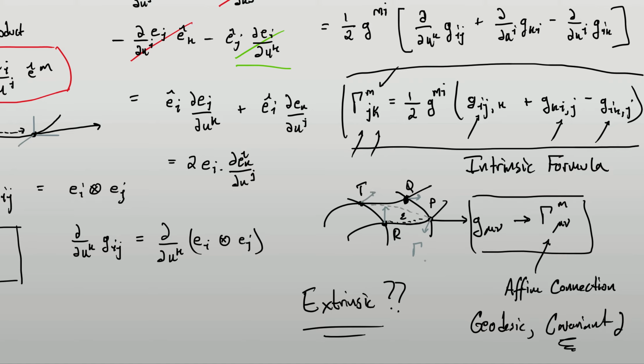But this guy is of central importance, and we'll get into why that's the case. Just keep in mind that the Christoffel symbol, or the affine connection, is a really, really important object.